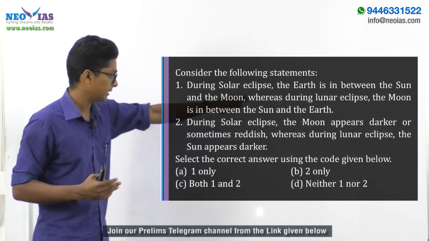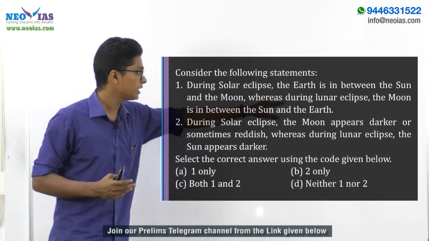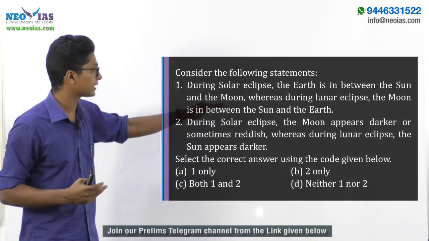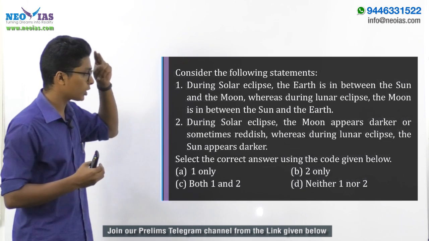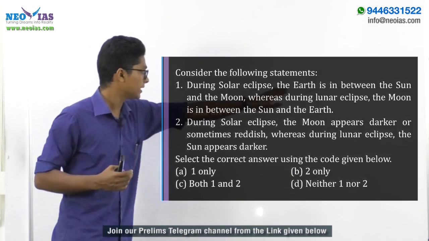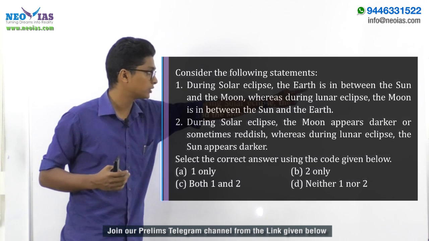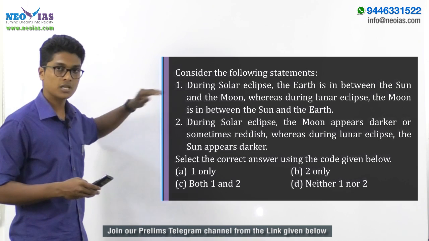The second part, that during the lunar eclipse the moon is in between the sun and earth, should have been the other way around. Only two words are wrongly given here: instead of earth it should have been moon, and instead of moon it should have been earth. Anyway, the first statement is wrong.